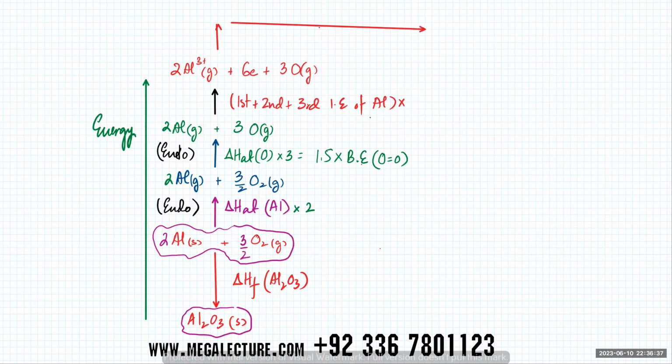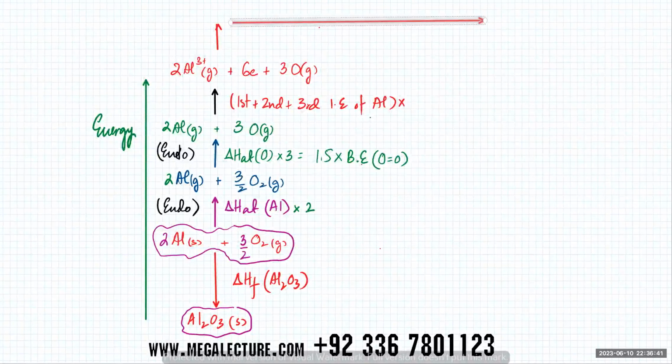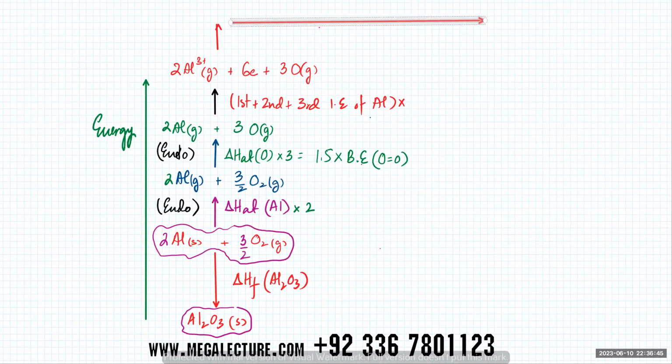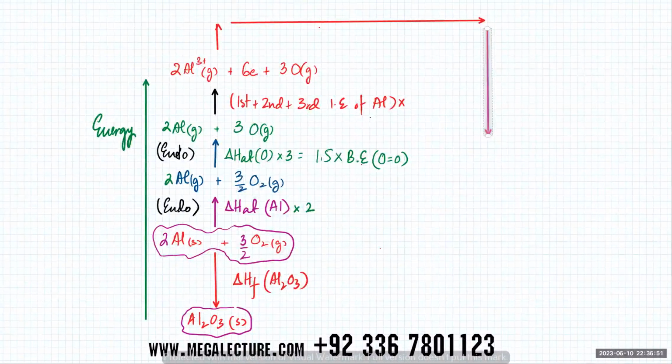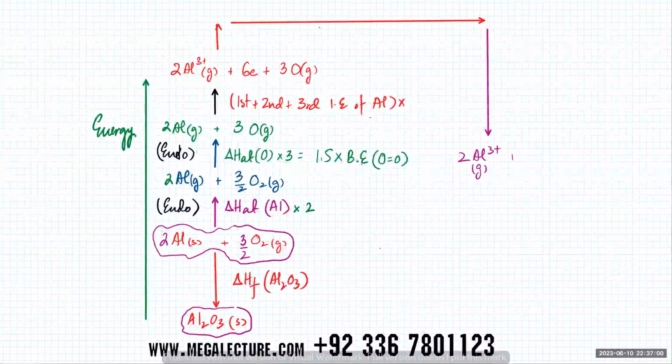So this one, we're going to go down now. Okay, so now the two Al3+ gaseous, the oxygens are going to consume the electron.